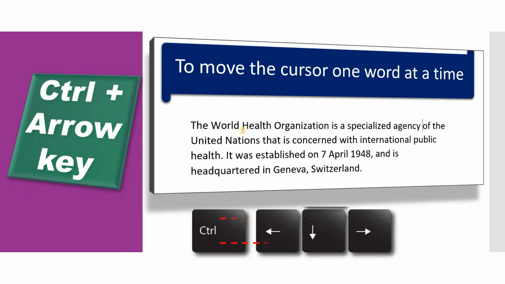So to move right one word at a time, Ctrl plus right arrow key. To move the cursor to the left, Ctrl plus left arrow key. This is to move the cursor one word at a time. So remember Ctrl plus right or left arrow key.